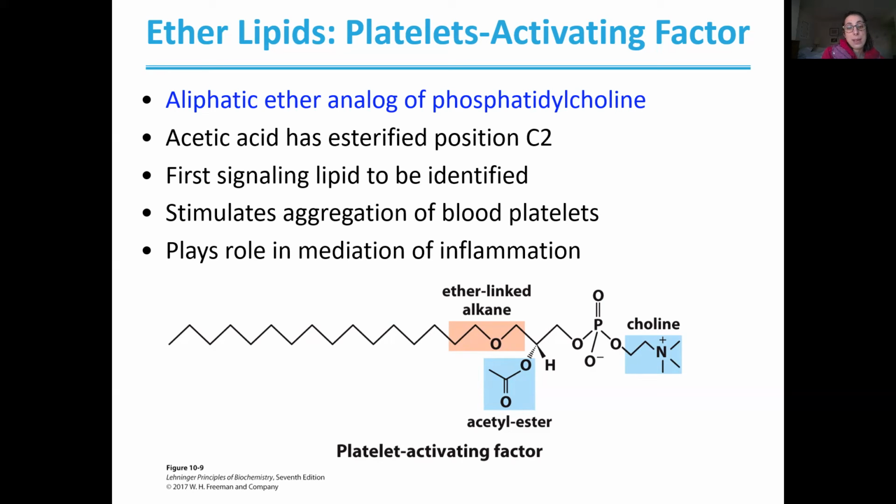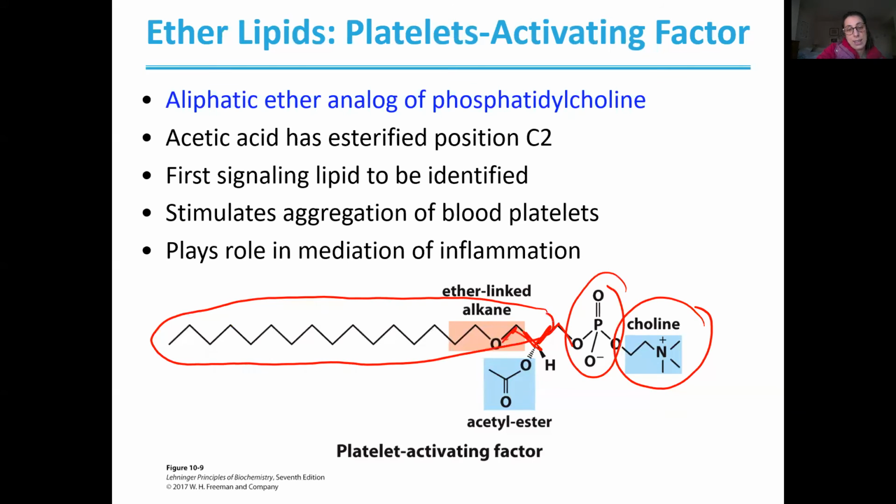This is an ether lipid that is an analog of PC. So again, this has a backbone of a glycerol. We have our phosphate, but notice that the head group here is a choline. Here we have an ether linked alkane, so no ester.